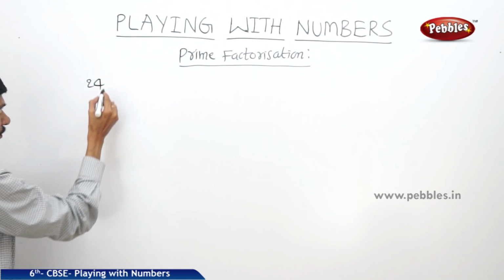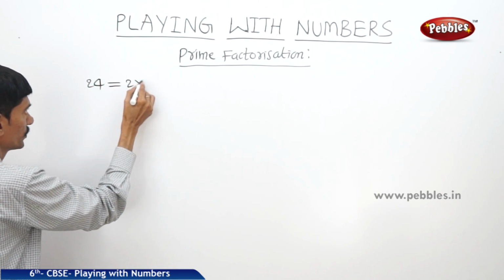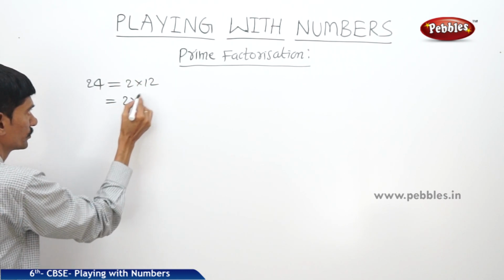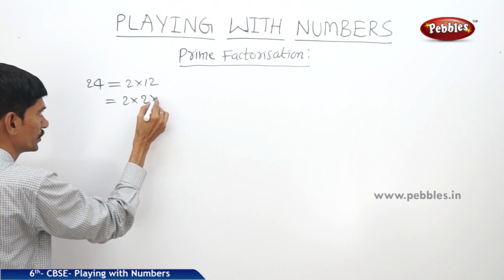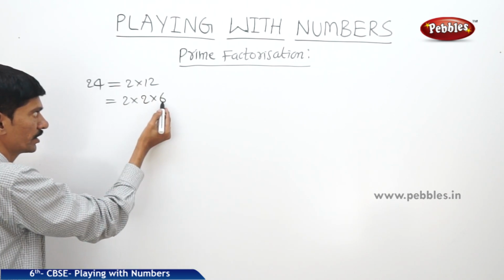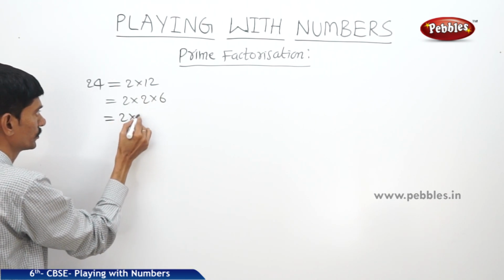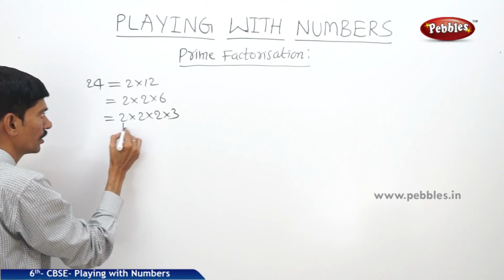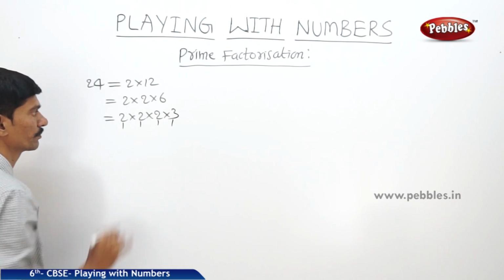So 24 can be written as the product of 2 and 12, but here 12 is not a prime number, so we write 2 into 12 as 2 into 2 into 6, and here 6 is not a prime number, then we write 6 as 2 into 3. Now all the four numbers are prime numbers.